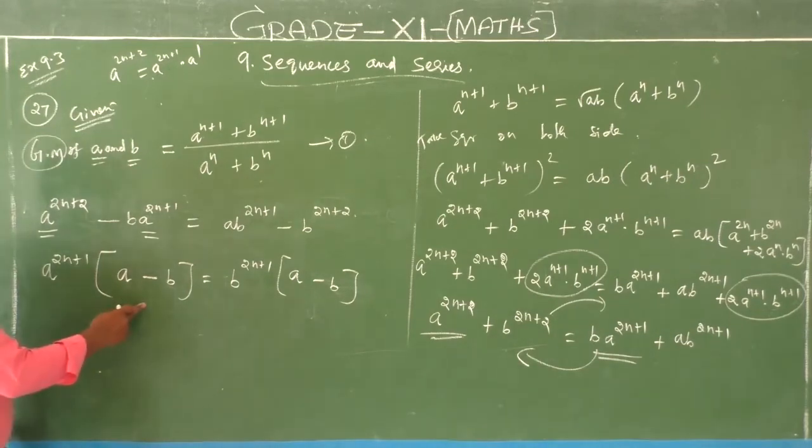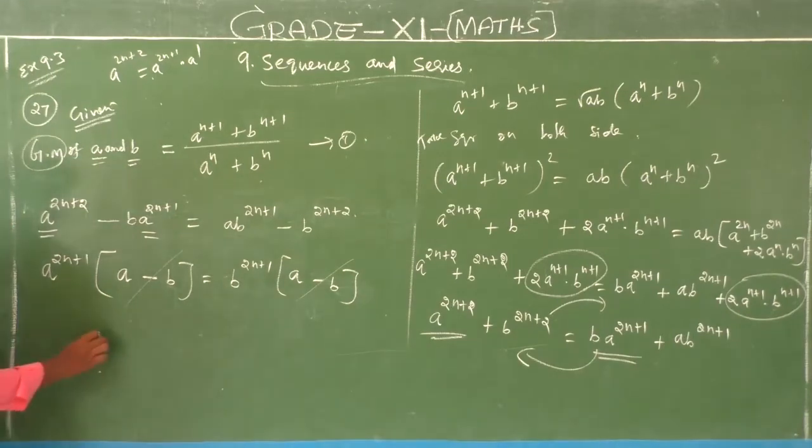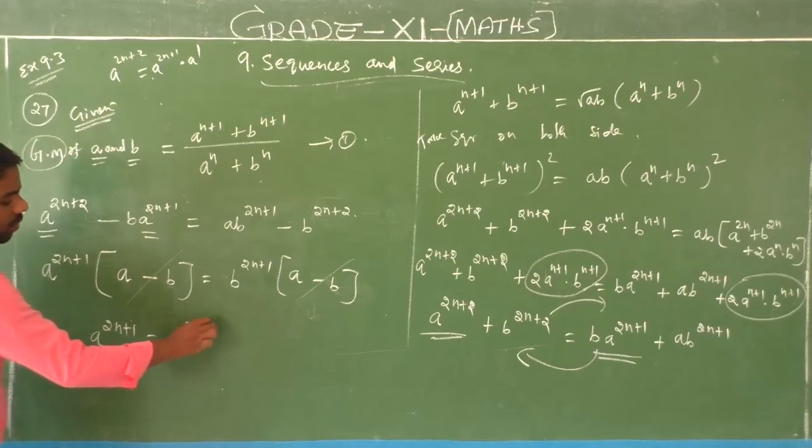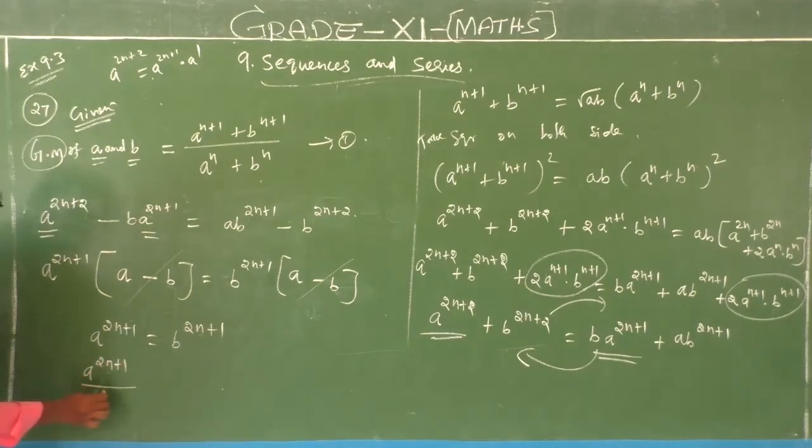So a^(2n+1) times (a minus b) equals b^(2n+1) times (a minus b). Divide by a minus b on both sides and cancel it. Remaining a^(2n+1) is equal to b^(2n+1), which is written as a^(2n+1) divided by b^(2n+1) equal to 1.